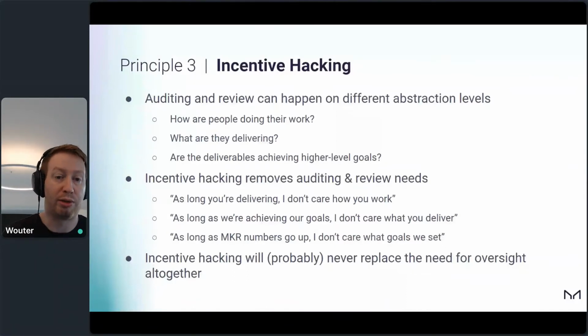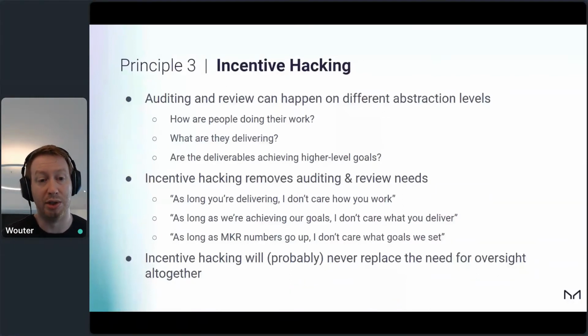A more abstract question could be, what are they delivering? I don't care how they achieve their goals. As long as they are delivering quality work, I don't care how they work. And we can push that one level further and ask ourselves, I don't even care about the deliverables, as long as the higher level goals are met, right?